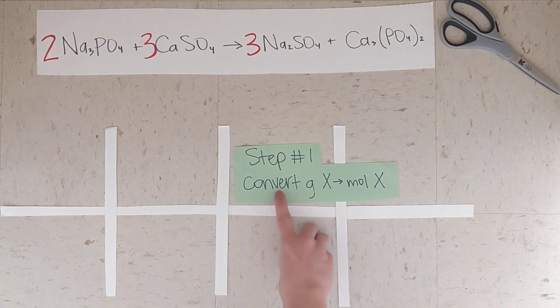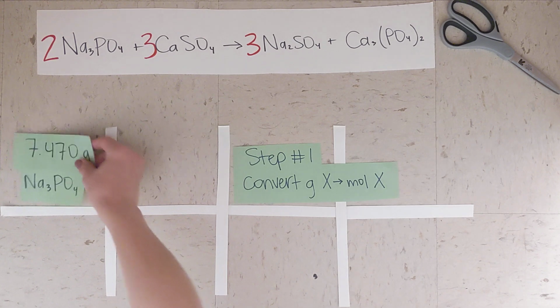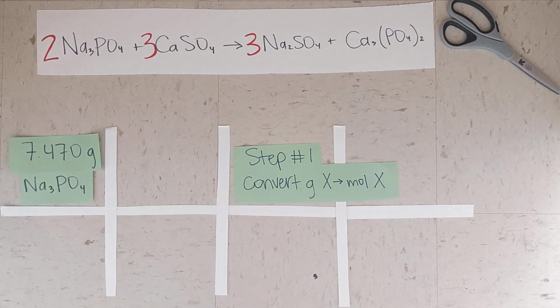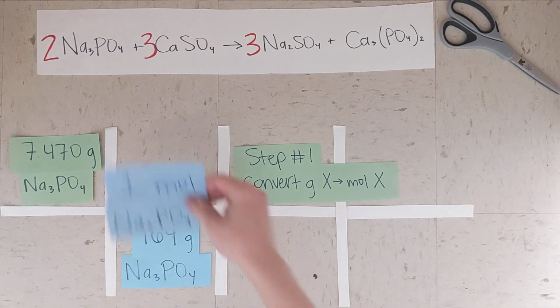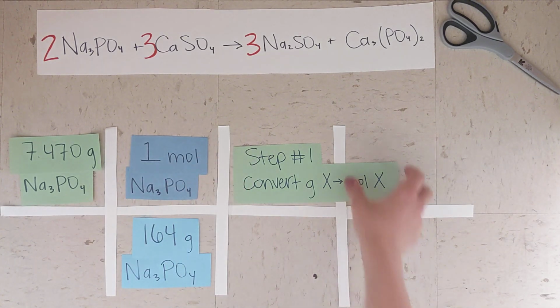Remember, step 1 is to convert grams of our given into moles of our given. The information given to us in the problem was 7.40 grams of Na3PO4. So let's go ahead and convert grams to moles. To do that, we need to divide by the molar mass. And this is the molar mass of Na3PO4, and that's per 1 mole.